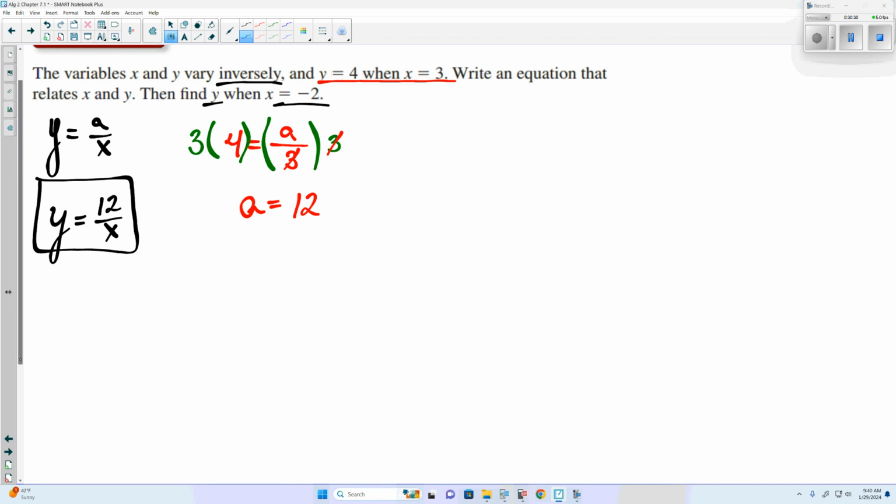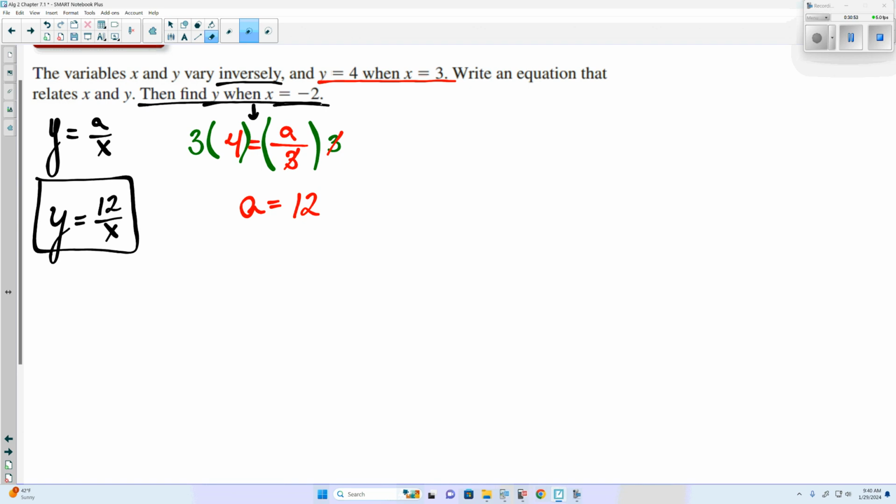So this first part here is just telling us it works. And we could, because 12 over 3 is 4. That's just kind of verifying that it is true. But we don't need that part. Because our main first goal is to get the equation, y equals 12 over x. Second part, yes?